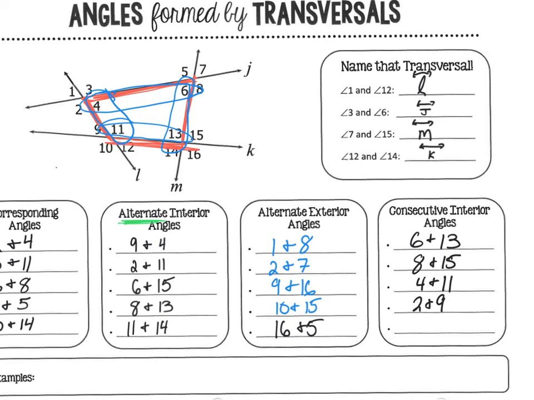So what was the other one that you said, Savannah? 4 and 6. Good. So you just had inside, and they have to be in the same line. Correct. Yep.